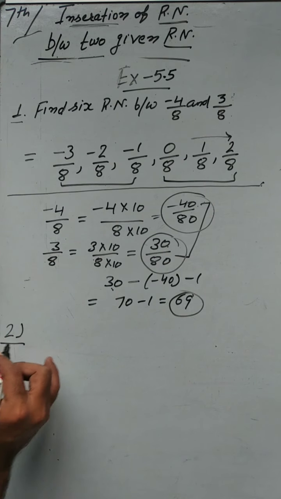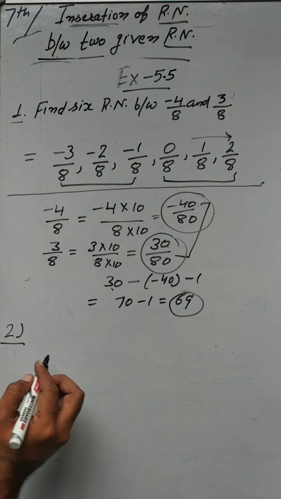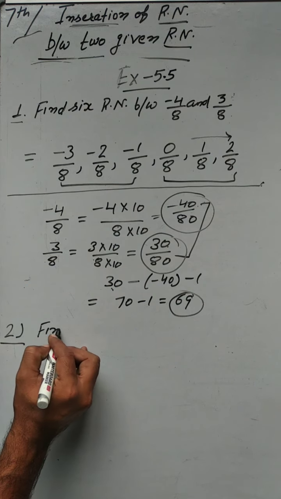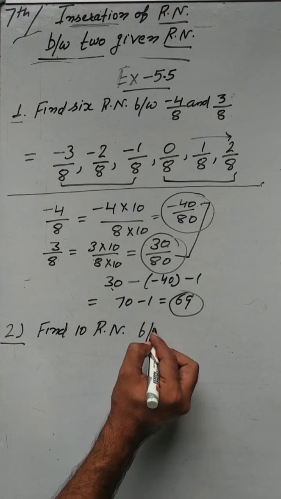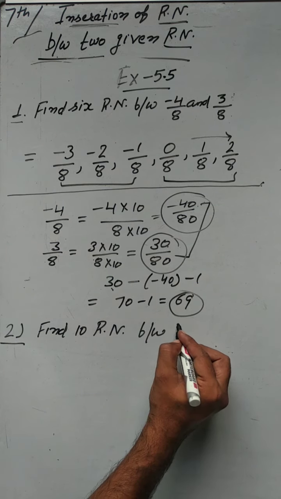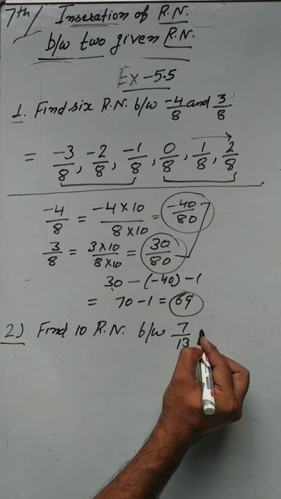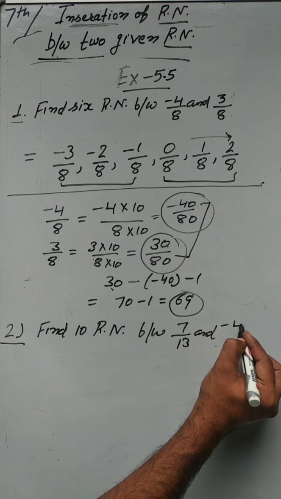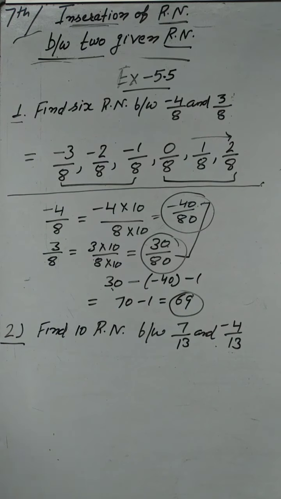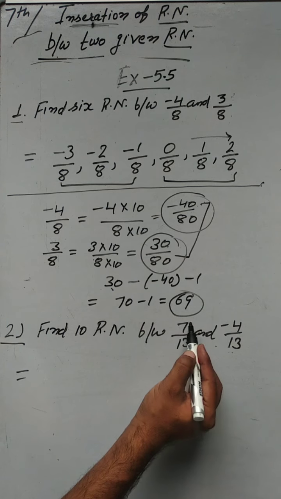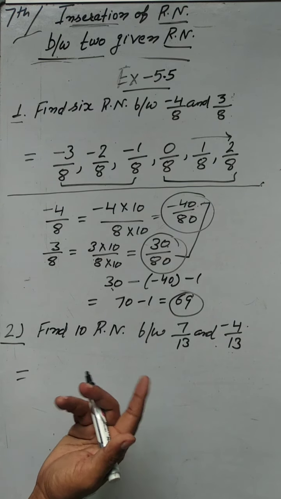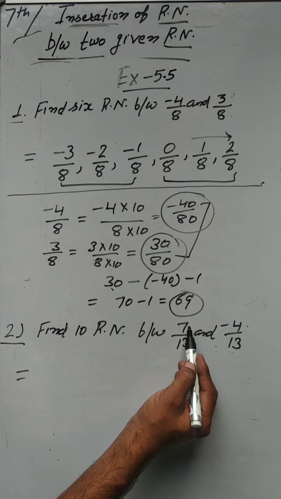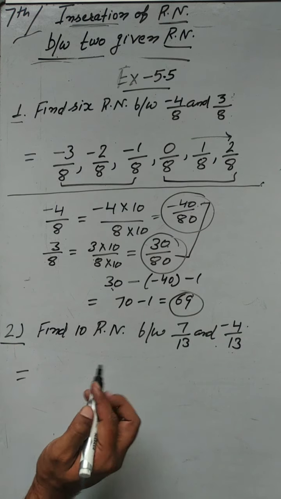And the second question is, beta, find 10 rational numbers between 7 upon 13 and minus 4 upon 13. This is also simple, beta, like the number line. Start from minus 4 upon 13.